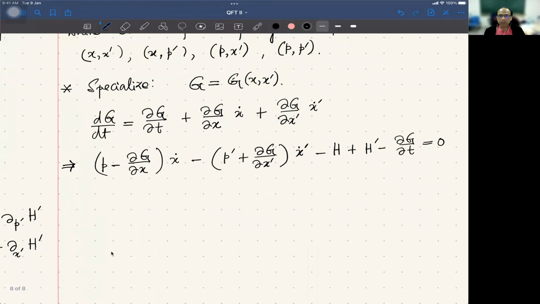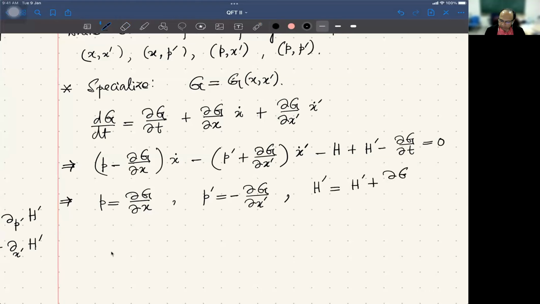Then you use independence of the variables to conclude that p must be del G del x, p prime must be minus del G del x prime, and h prime should be equal to h plus del G del t.